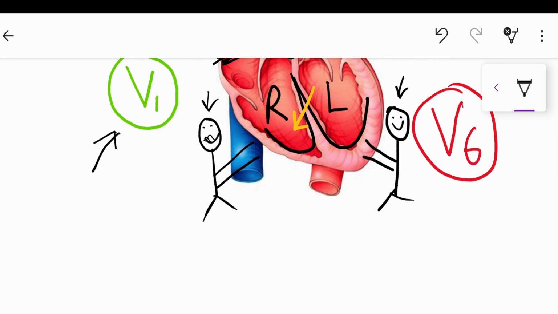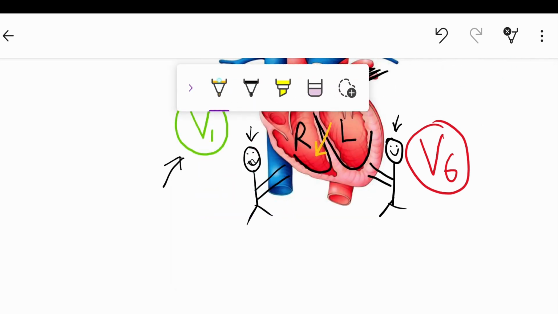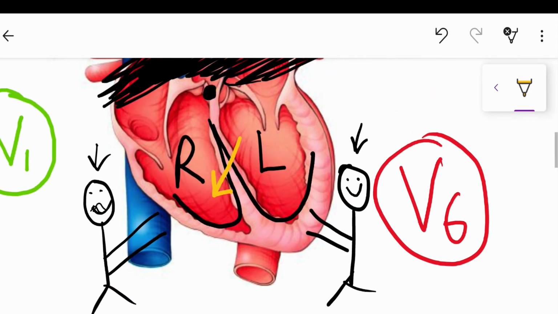Now, this is what happens in right bundle branch block. We have a normal septal depolarization. Then the wave will travel towards the left only. Why? Because the right one is offline. It's delayed. It's not working right now.